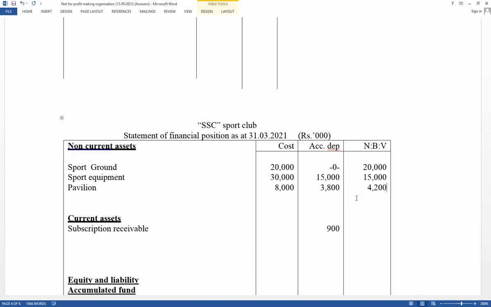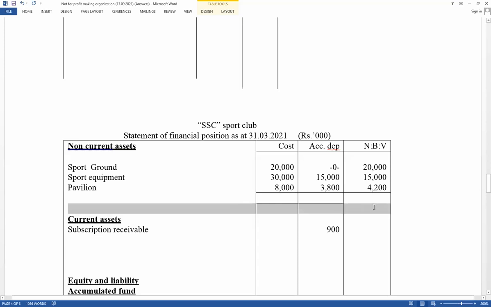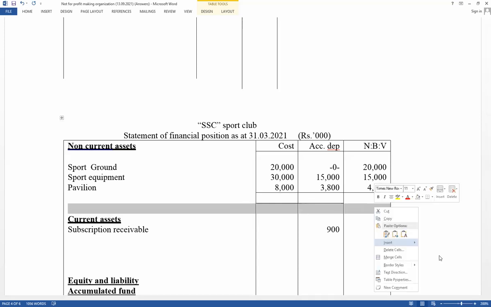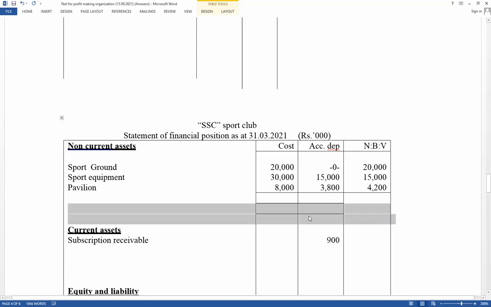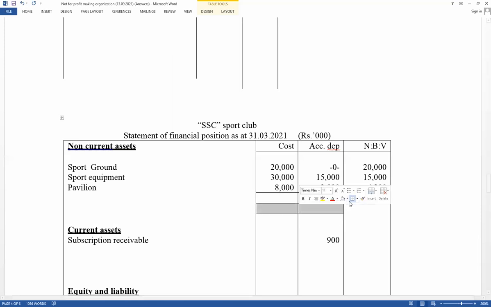Now take the cost total value. Try to complete property, plant and equipment. Take the total amount of cost value and accumulated depreciation total value.